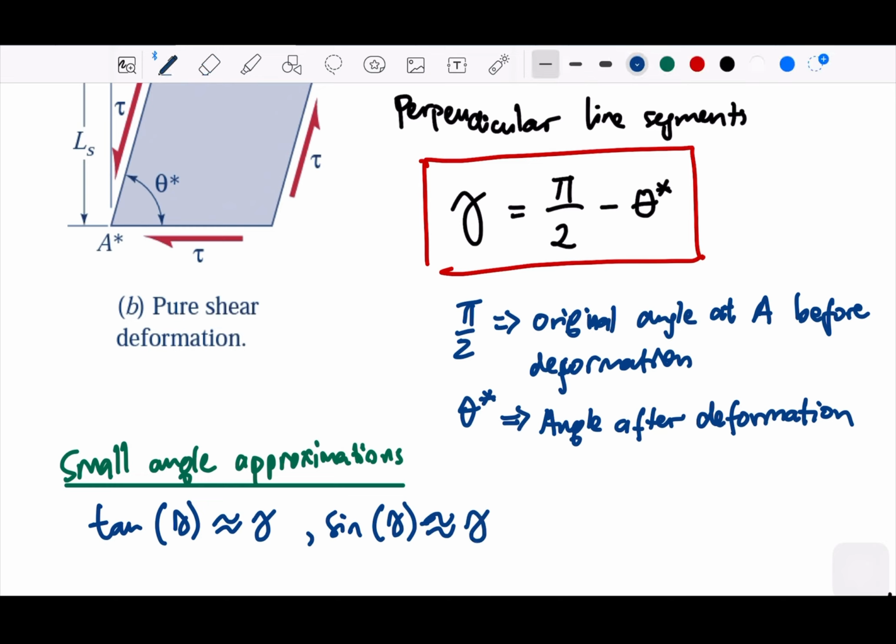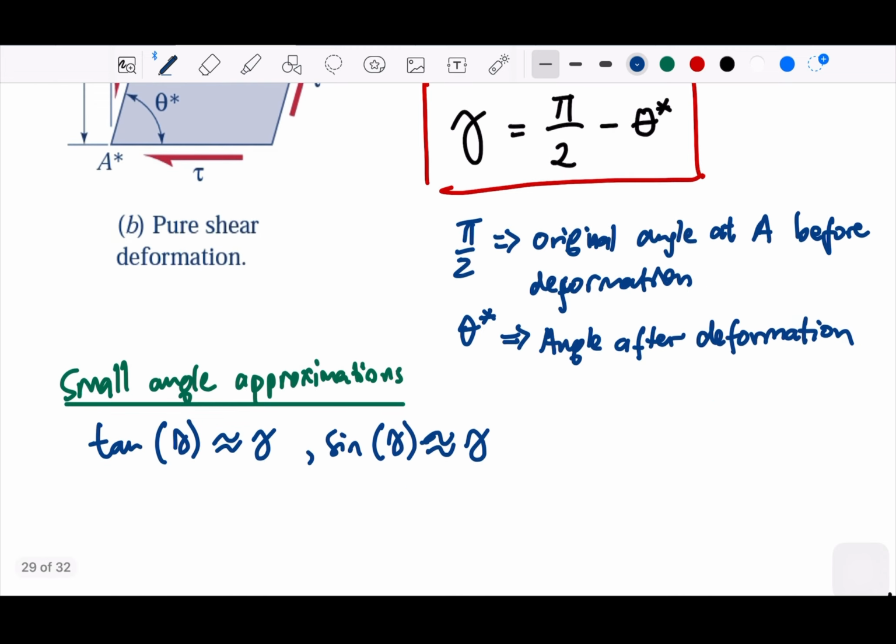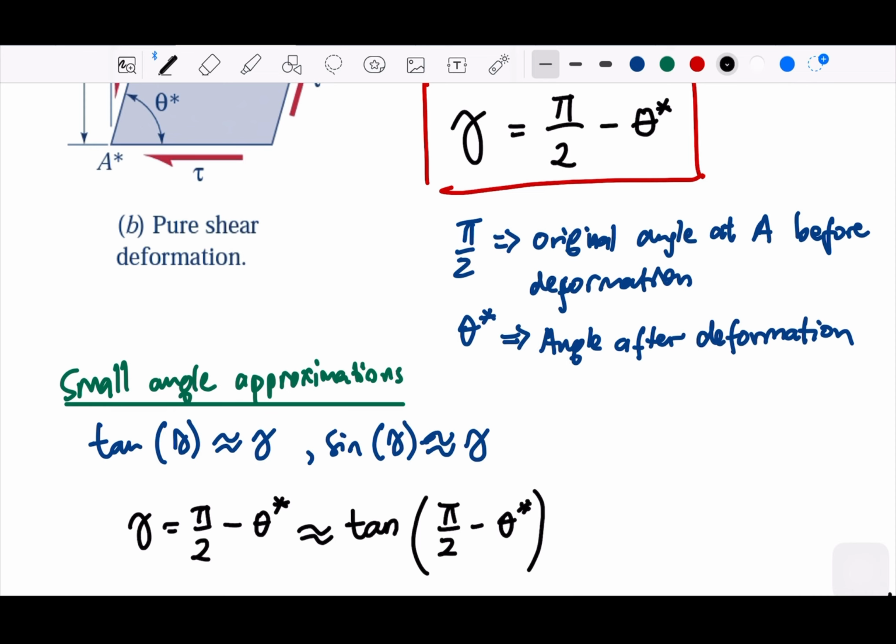Then we could take the angle gamma, which is pi over 2 minus theta asterisk, and approximate it using the tangent.